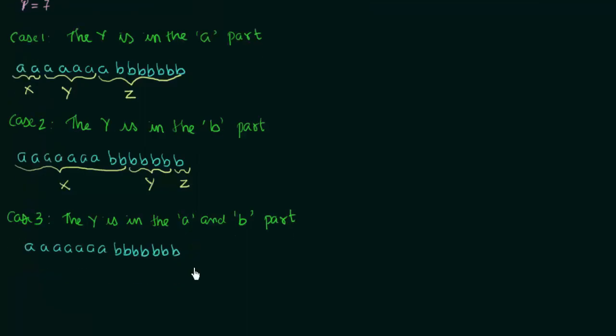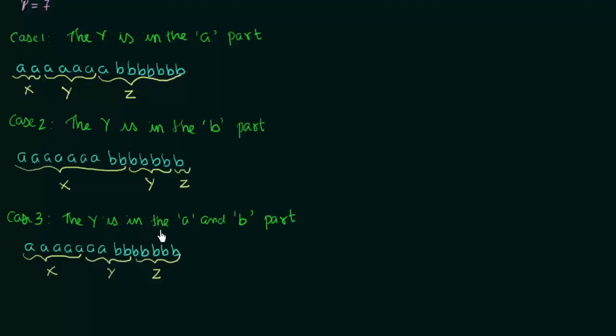Now for the y to be in both a and b part, I will choose this to be my y. 2 a's from here, 2 b's from here. This is y, and this is x, and this is z. So y has both a and b. So that is case number 3.